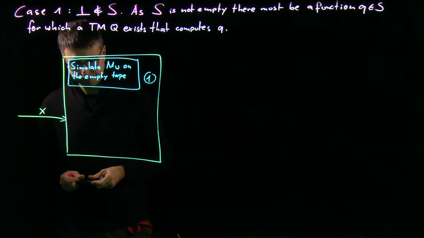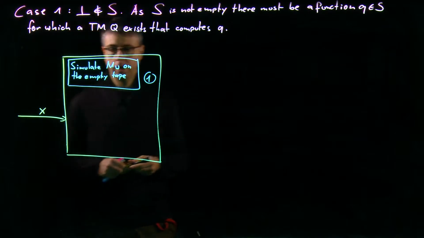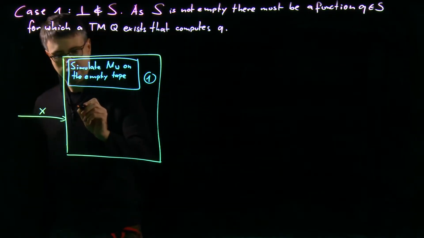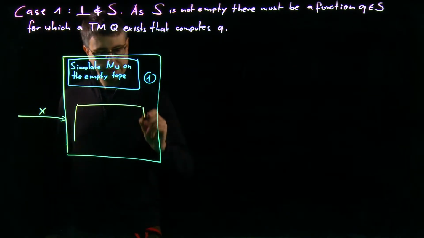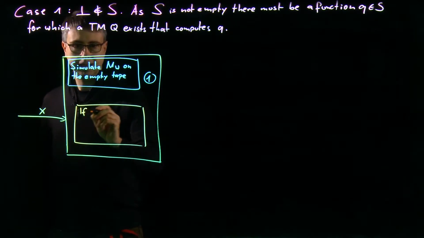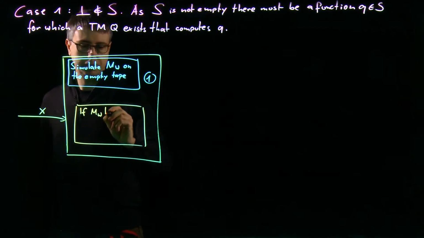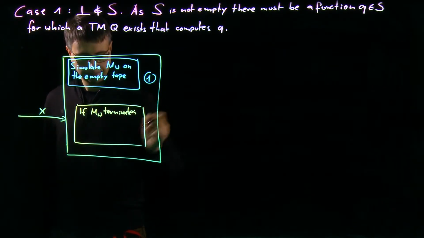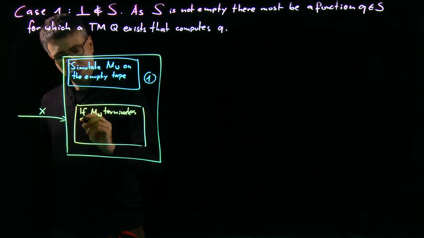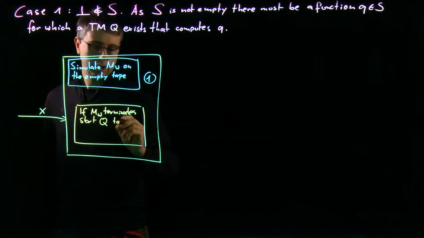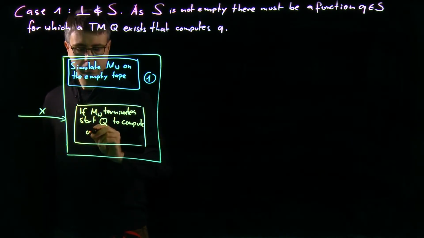Afterwards, we do a second step. If M_W terminates, or halts, we start the Turing machine Q to compute q of x.